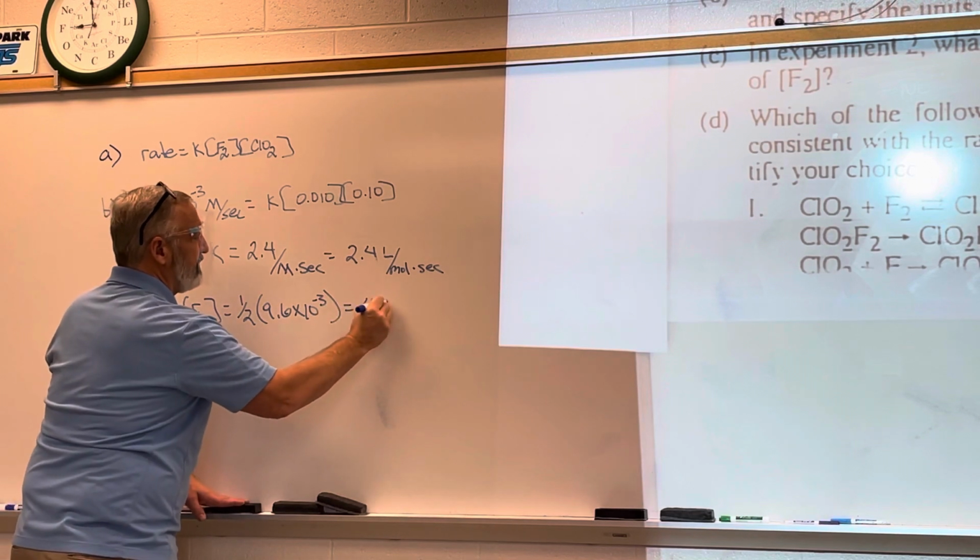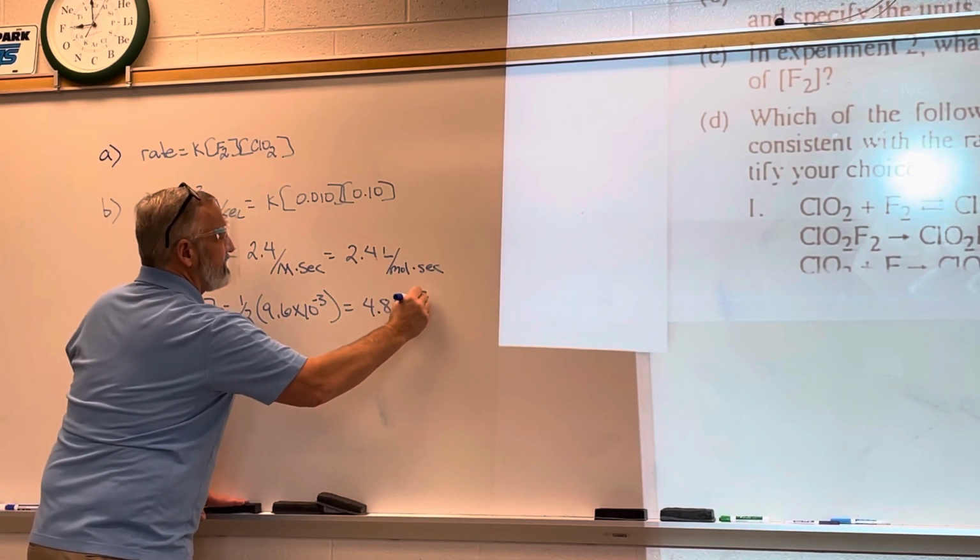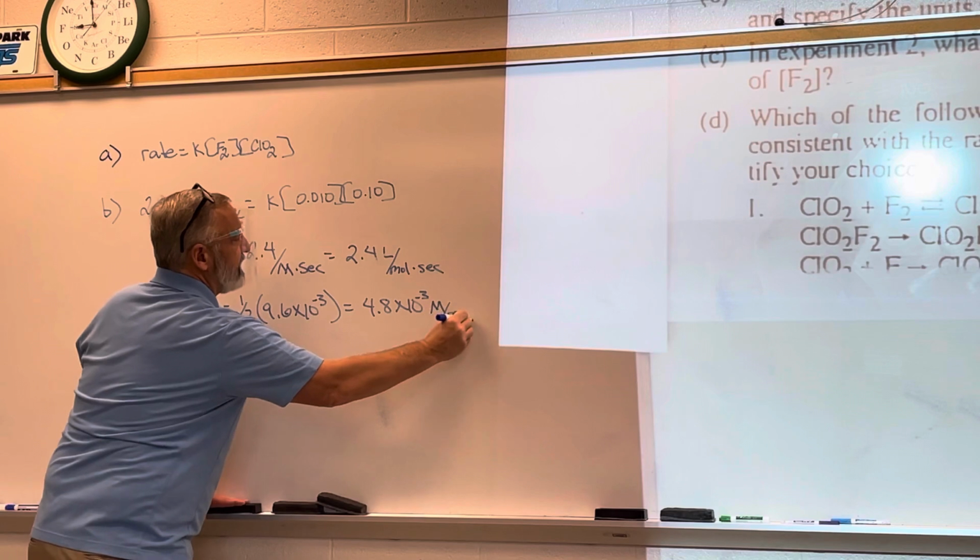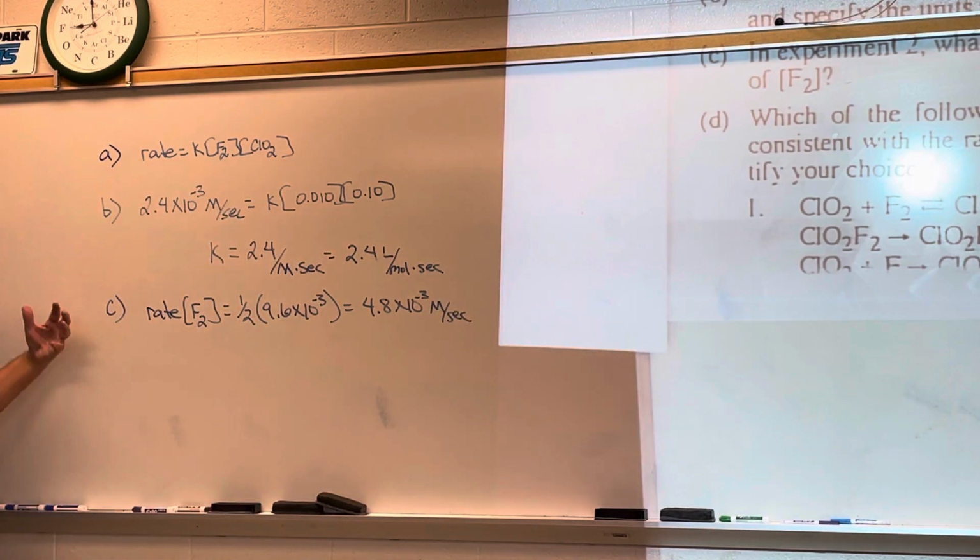So it's going to equal 4.8 times 10 to the minus third molarity per second. That's the answer to C, just so you can have that.